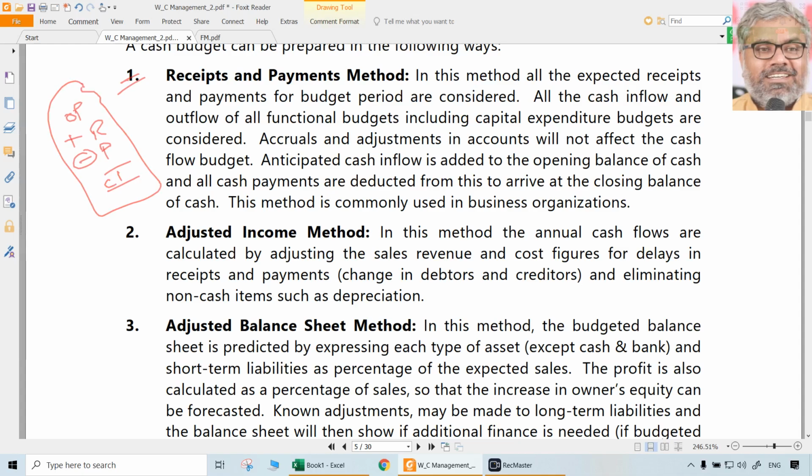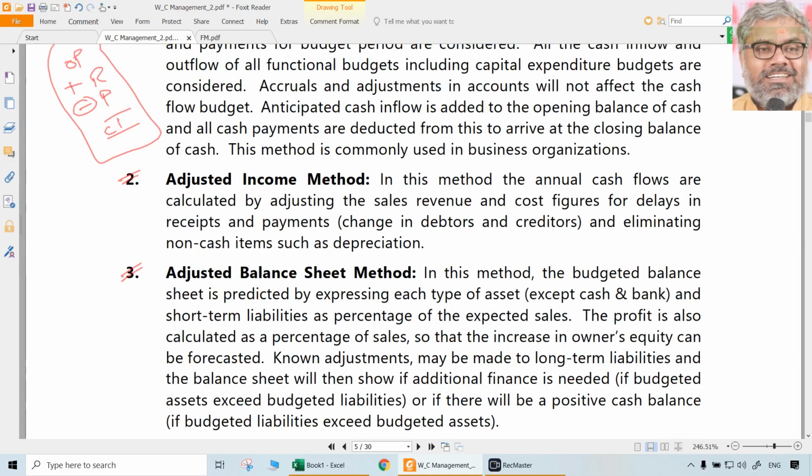Next, the adjusted income method and adjusted balance sheet methods can also be used. In fact, whatever you did already in the cash flow statement preparation is the adjusted income method only, because income is the starting point of the cash flow statement: net profit as per profit and loss account. That will be adjusted with many items, like non-cash items being eliminated, such as depreciation.